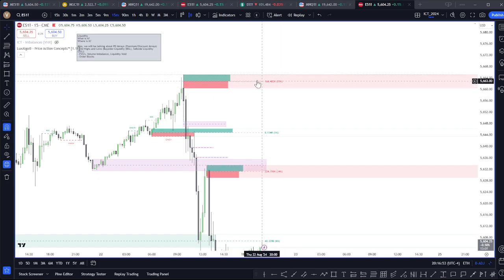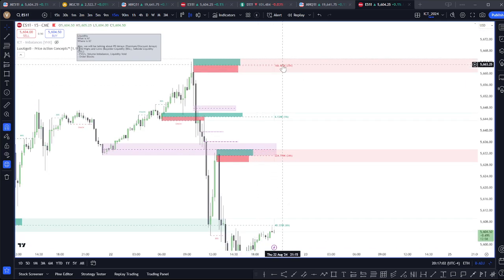The reason I don't like this indicator is because they show only the wick, but it's actually this whole candle. But it's fine, that covers the important area anyway. So 166K orders.